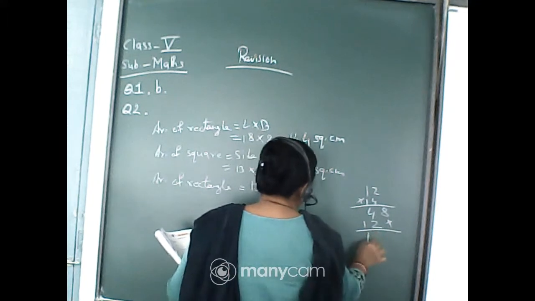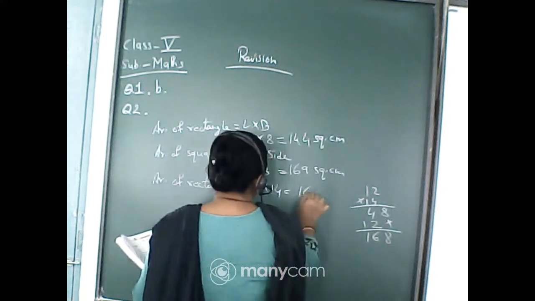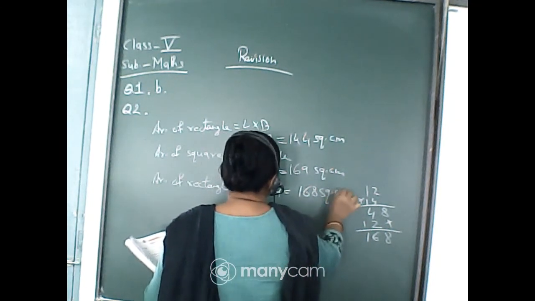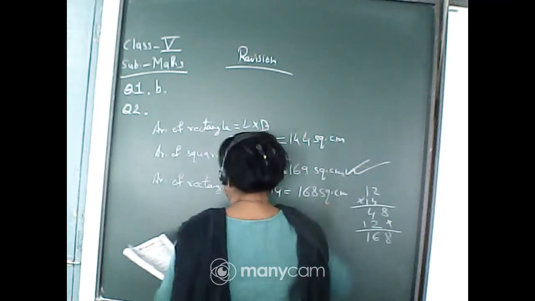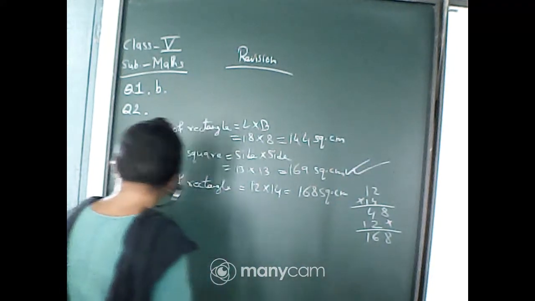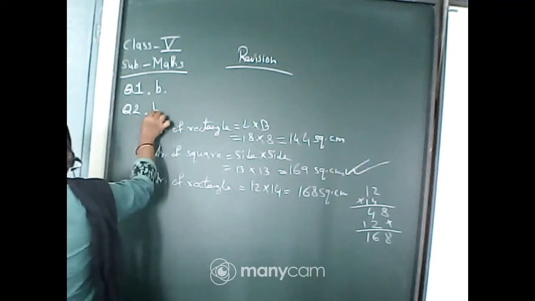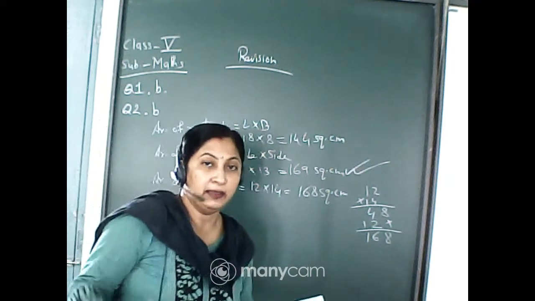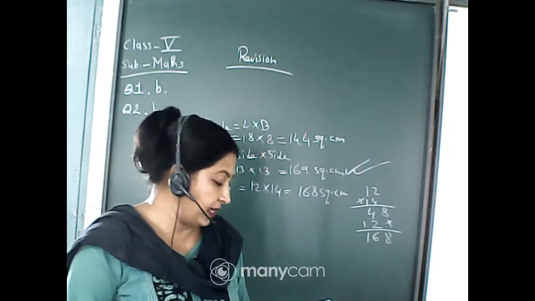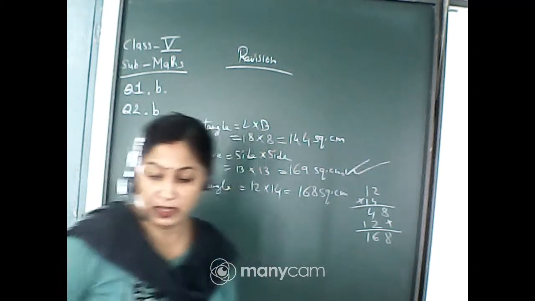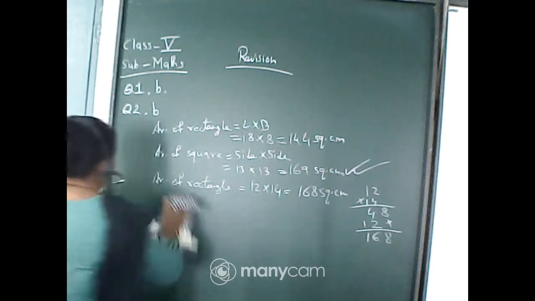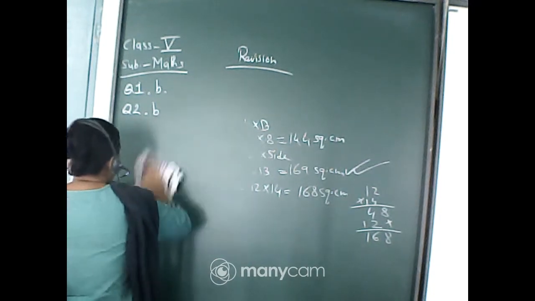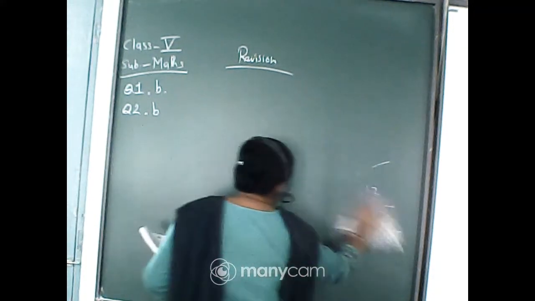It is coming 168. That means option number B is correct. So for question 2, answer is option number B. That means the square of length 13 meter, its area is more than the other options. Okay, so give the tick mark in option number B.